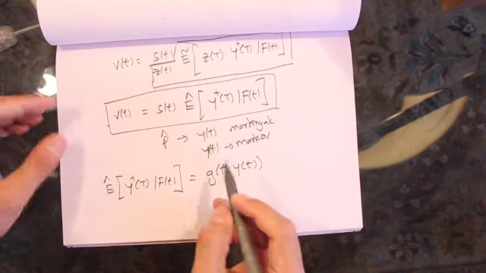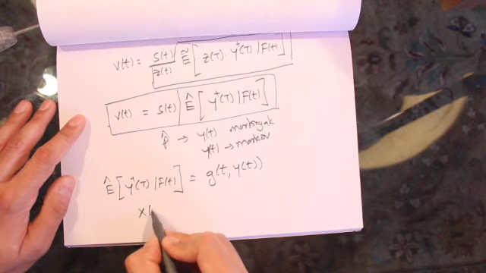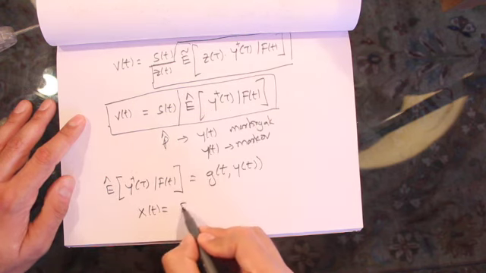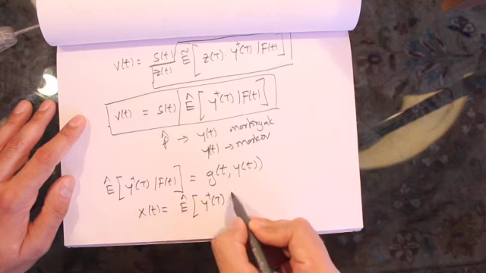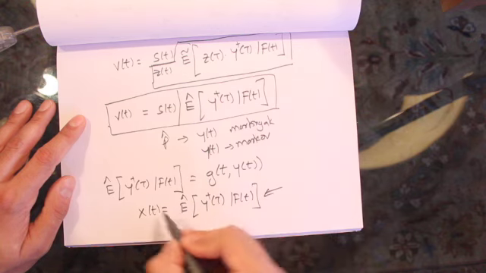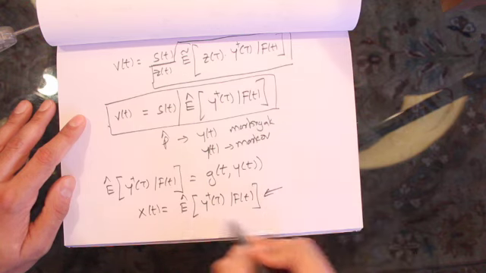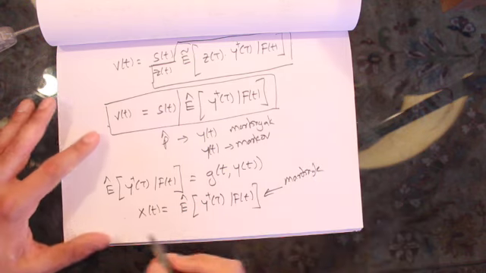Now what I want to show you is that this expectation, so if I say x of t is equal to e hat of y plus of t given information at time t, then I want to show that this x of t is a martingale. And it's easy to see why.